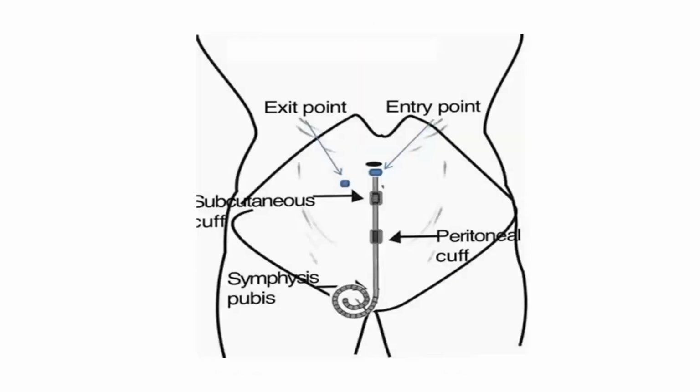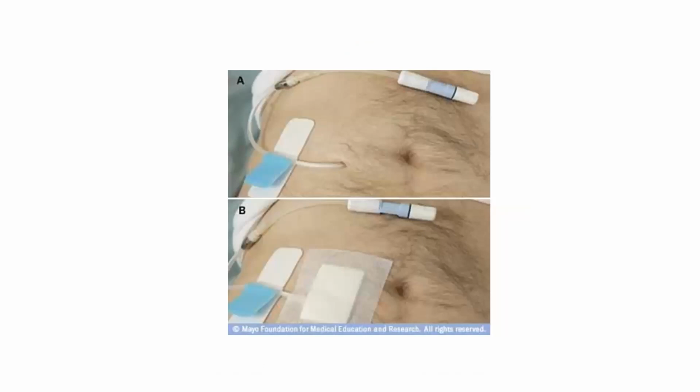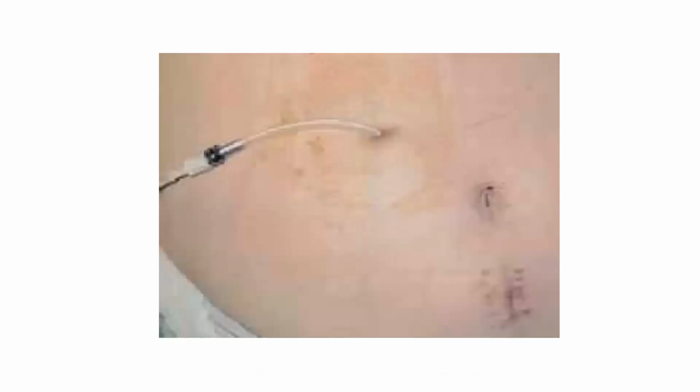Now, how the catheter is placed: you have an entry point, you pass the catheter, then you exit it through another point. It is subcutaneously placed. This is the curved catheter placed into the peritoneal cavity, and it is secured with two cuffs. This is the actual patient having a Tenckhoff catheter placed in.